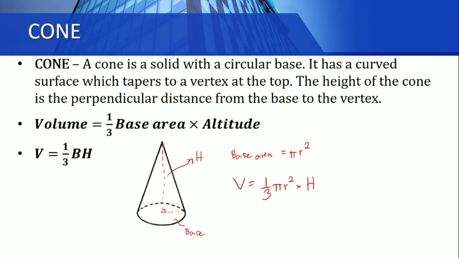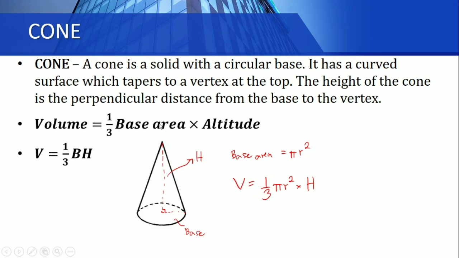Cone naman, so a cone is a solid with a circular base. It has a curved surface which tapers to a vertex at the top. So the height of the cone is the perpendicular distance from the base to the vertex. So ito yung cone natin. Same pa rin, yung ating volume dyan will be 1/3 times base area times altitude.